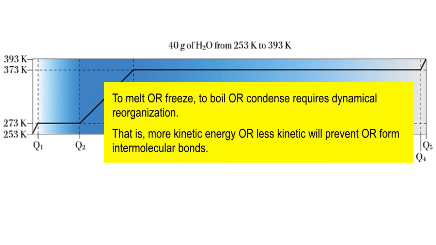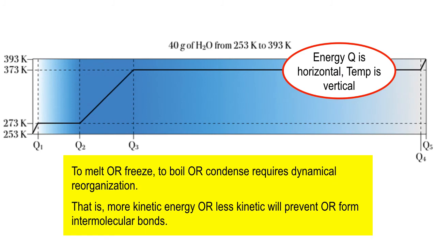Okay, now on this diagram, the energy again is on the horizontal scale, and the temperature is in kelvins on the vertical scale over here on the left. This is an illustration from your textbook.